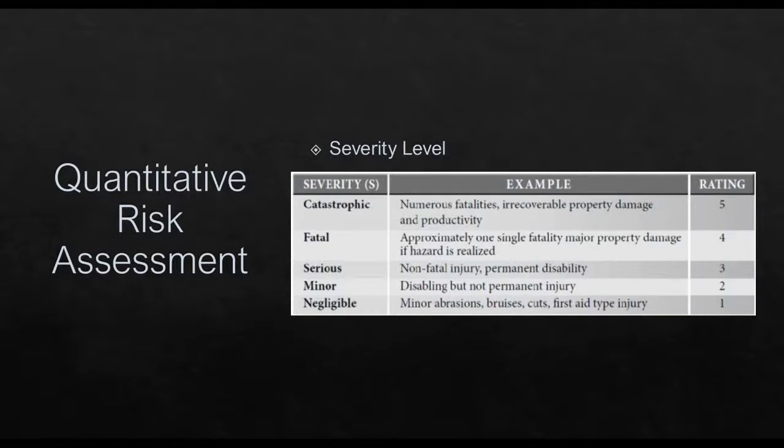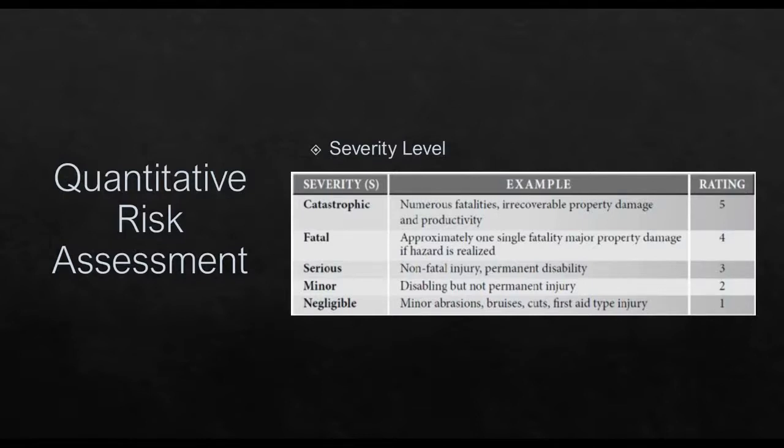So the severity level can be divided into catastrophic, fatal, serious, minor or negligible. And the example is actually to describe that severity level. And then this rating is actually the score, or the judgment of the inspector.